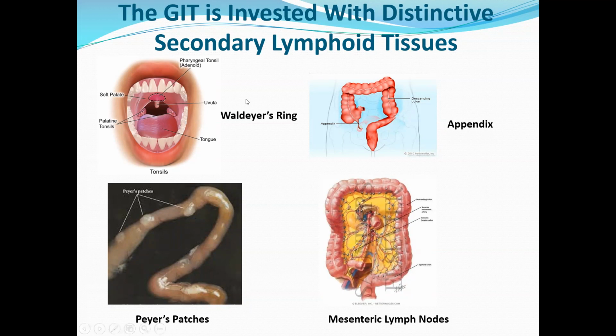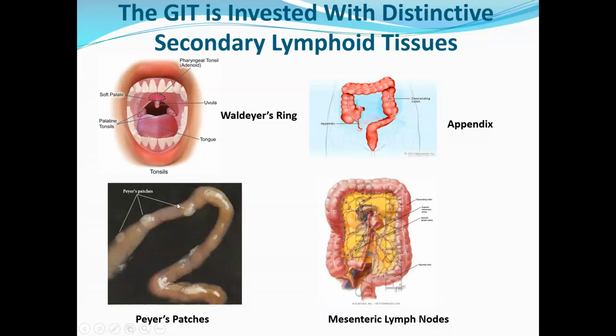And then in the intestine, in the gut, you have a whole system of very fine lymph nodes. These are the mesenteric lymph nodes, and these are linked to those lymph nodes that line through the body.